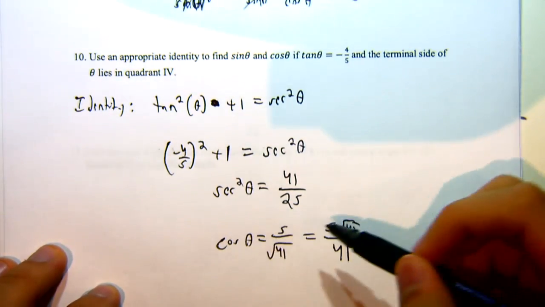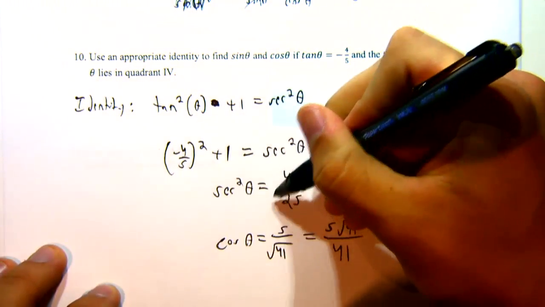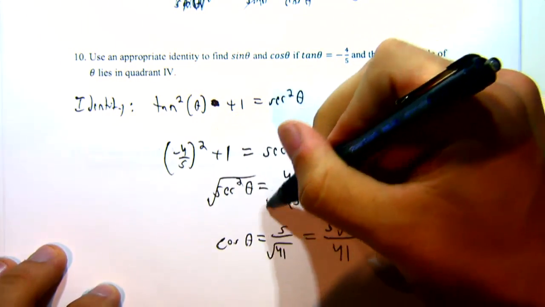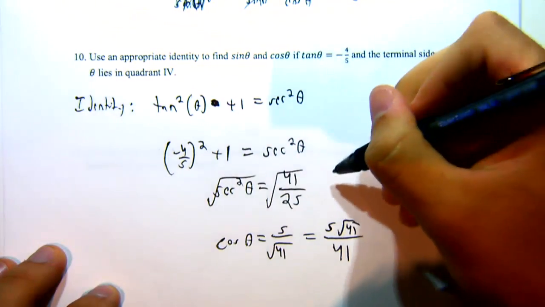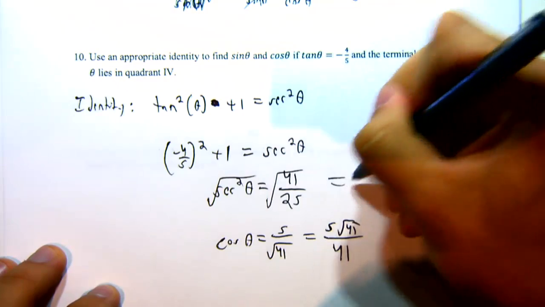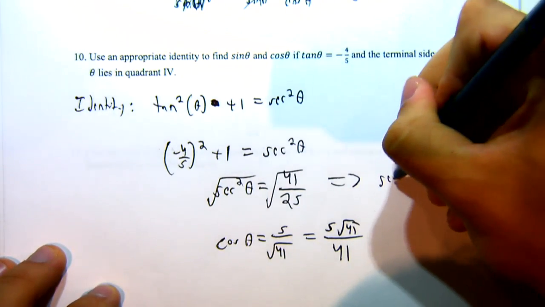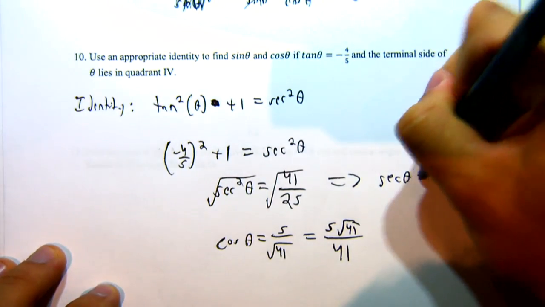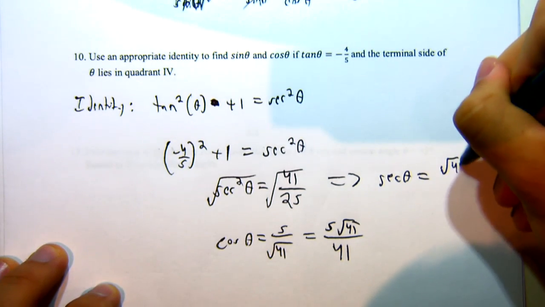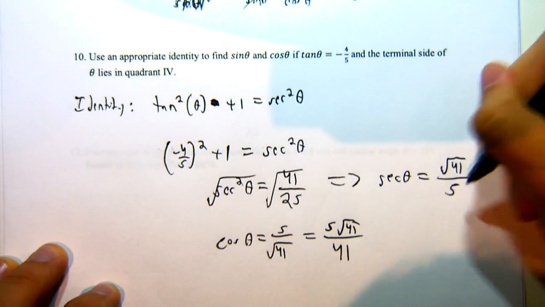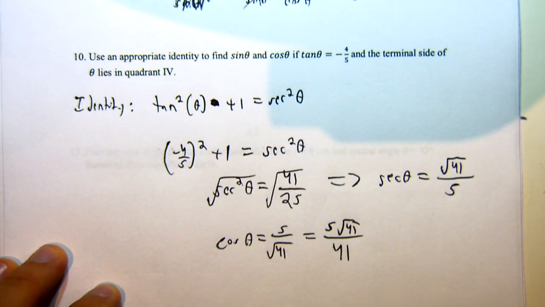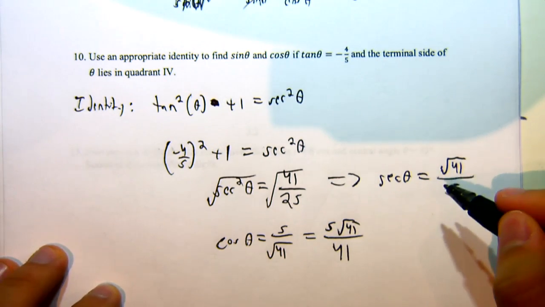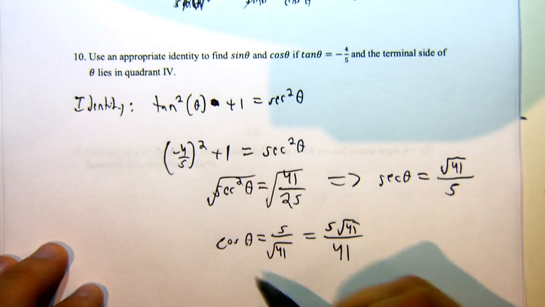And how we got to here is we just basically took the square root, right? So this ended up being secant theta is equal to square root of 41 over 5, right? And then that just flipped over here.